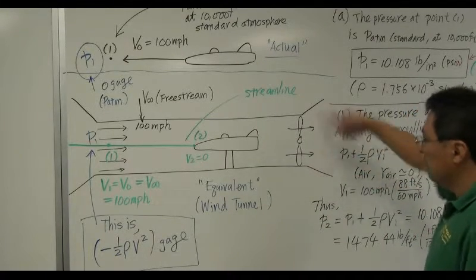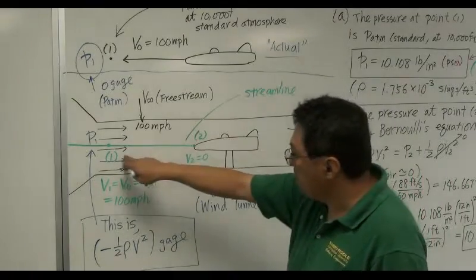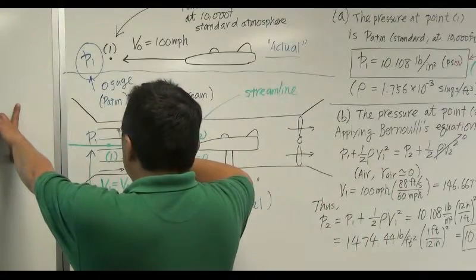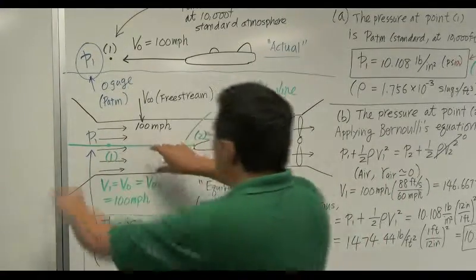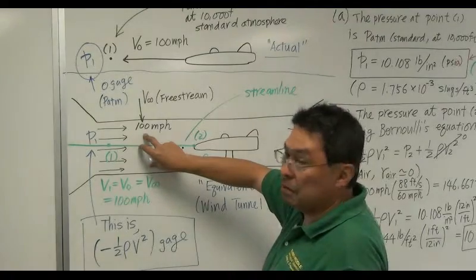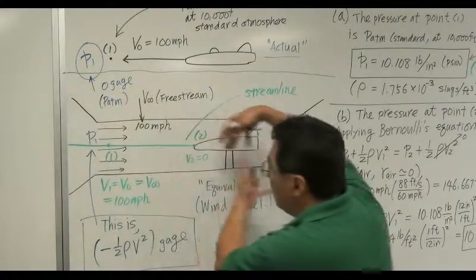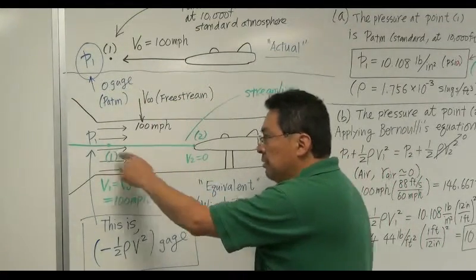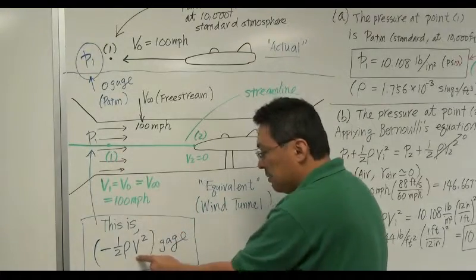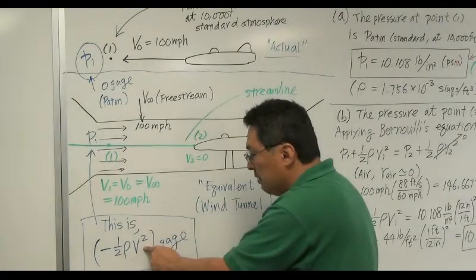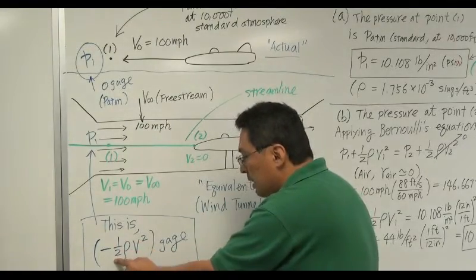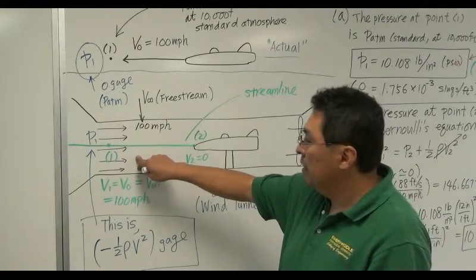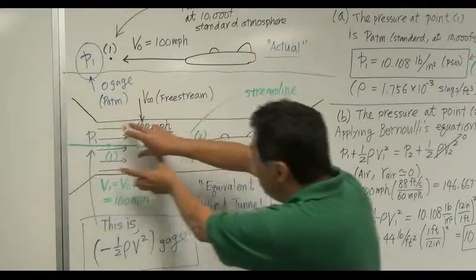This fan induces low pressure inside the wind tunnel compared to the outside. Because of the pressure difference, the inside being low pressure, it is going to suck the air in. If you want to create a faster speed, you need to lower the pressure even more. So this 1/2 rho V squared is how much vacuum you need to create. Then the air is introduced in here.